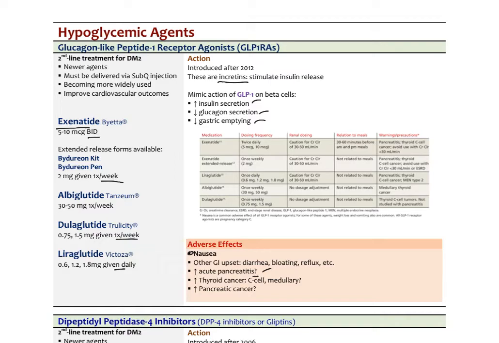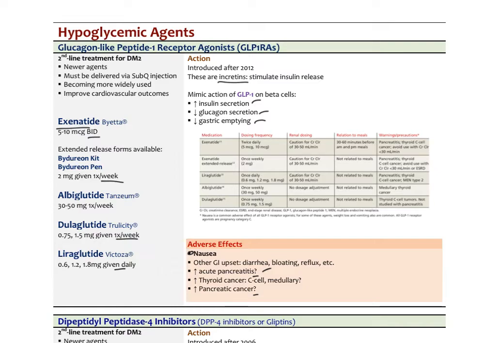Increased risk of thyroid cancer, especially in medullary thyroid cancer potentially. And again, there's a concern about potential increased pancreatic cancer. So these are all question marks right now, but as more and more patients use them, we might see more data around that. But these are the GLP-1 receptor agonists.